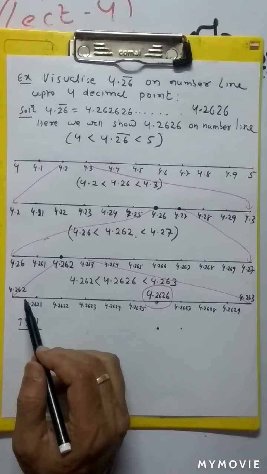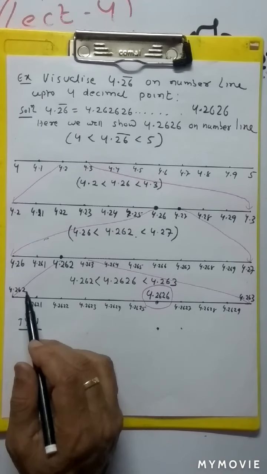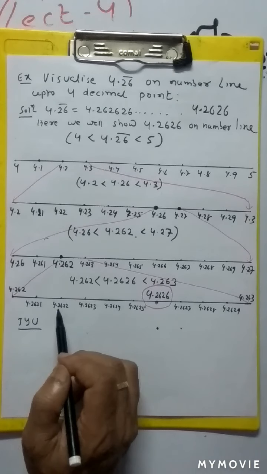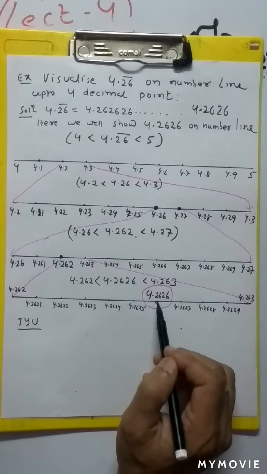Now you see this 4.2626 is greater than 4.262 and less than 4.263. So this is 4.262, this is 4.263. Just expand this line by a microscope. Now divide again into 10 parts.